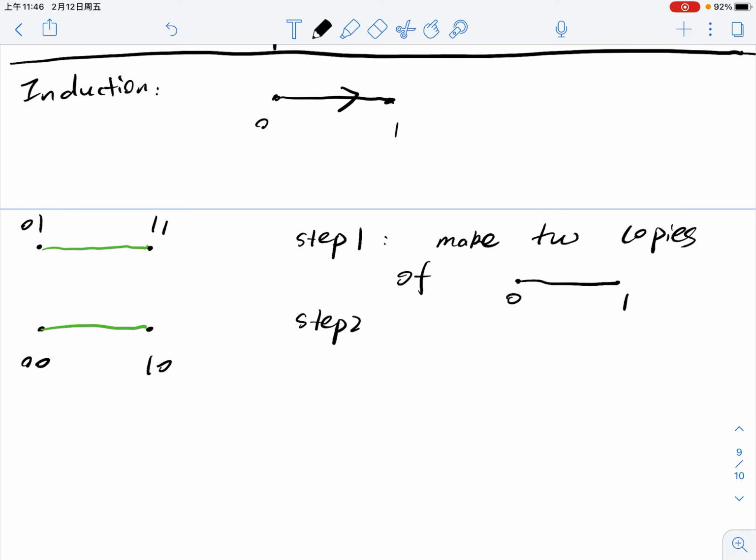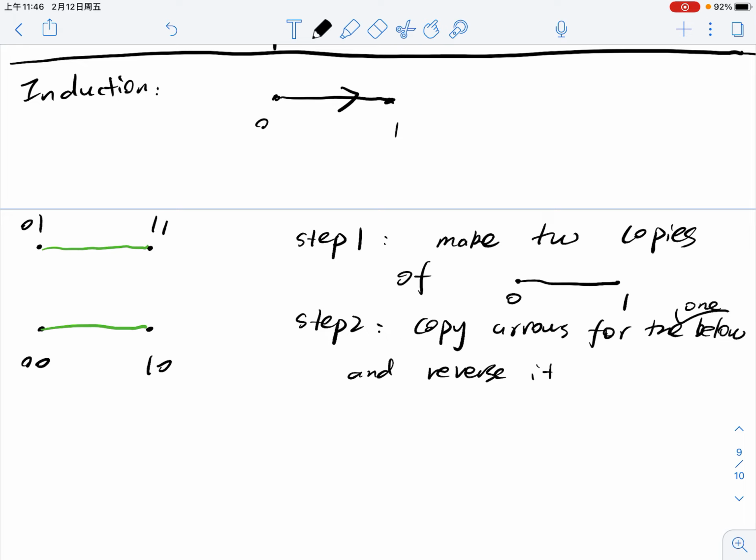Step 2, draw arrows in this way. Copy arrows for the one below, and reverse it in the above.